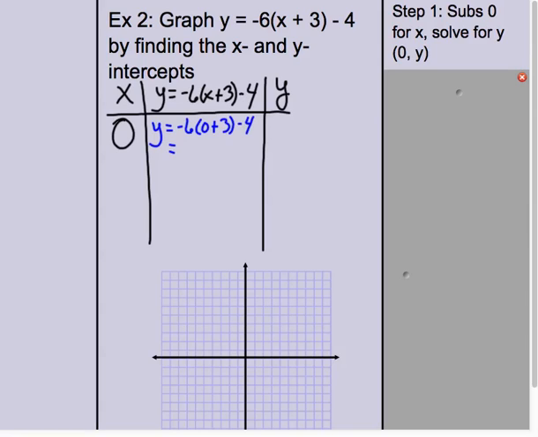So we get 0 plus 3 is 3. -6 times 3 is -18. -18 minus 4 is -22. So that's our y-intercept. Substituting 0 for y and working backwards to solve for x.